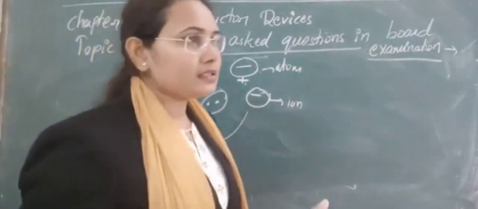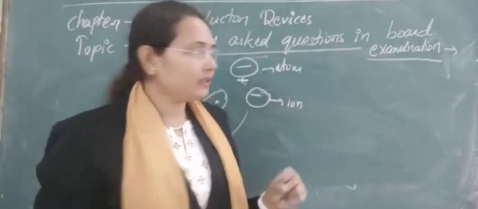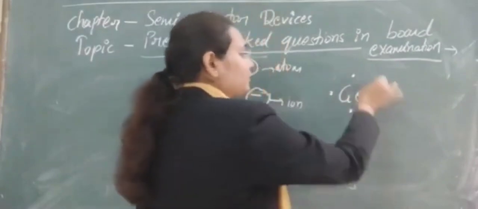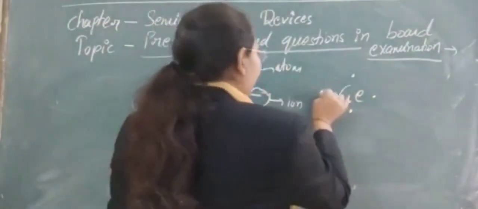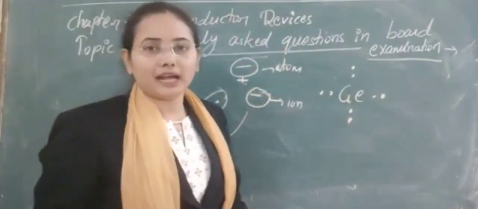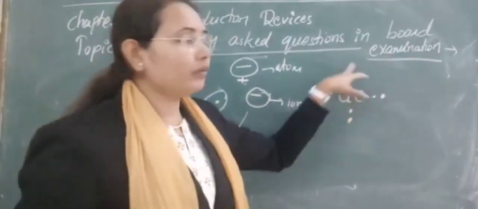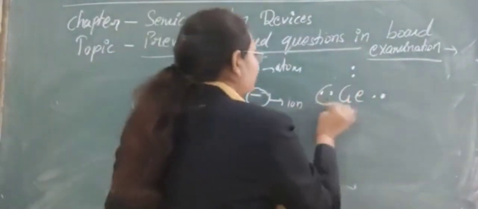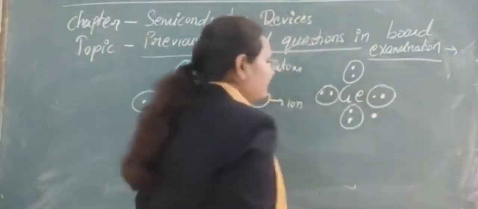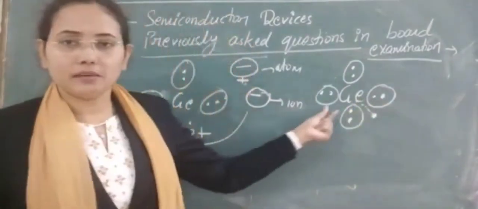Second case, we can add fifth group impurities to a fourth group element. If we add a fifth group impurity, the 4 electrons of germanium are here, and we are adding a pentavalent atom. As the pentavalent atom has 5 electrons in its outermost orbit, 4 electrons will make covalent bonds with the germanium electrons and complete its octet. 1 electron is an extra electron that is free, but it is loosely bound to the germanium nucleus.